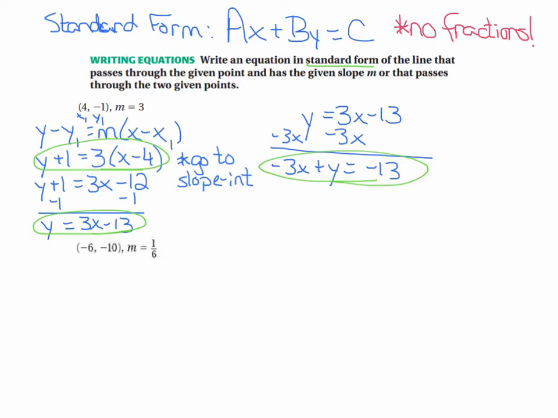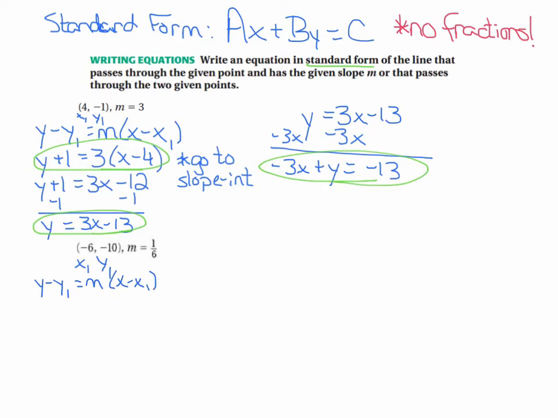Okay, look at the next one. I've got the point -6, -10. I'm going to go ahead and label it x1, y1. I've got a slope of 1/6. That should be a little red flag here. I've got a fraction, and I'm going to teach you how to deal with that fraction. Okay? Let's put it in point slope form. Y minus y1 equals the slope times x minus x1.